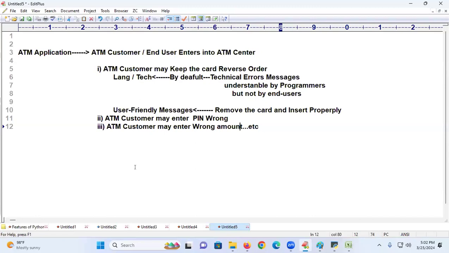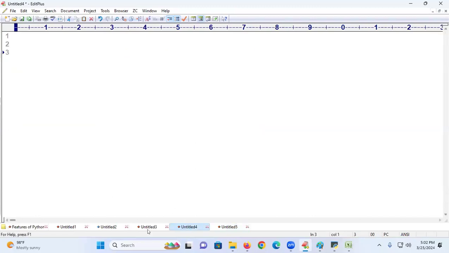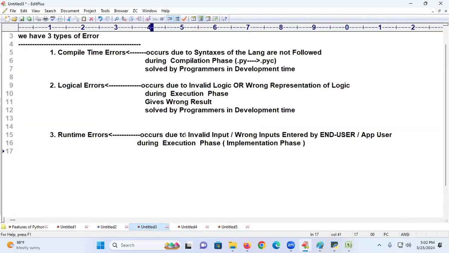Conclusion you tell. When the end user enters invalid input, wrong input, entered by whom? End user or application user. What message will come by default? Technical error message will come. Who will understand those messages? Not the end user.